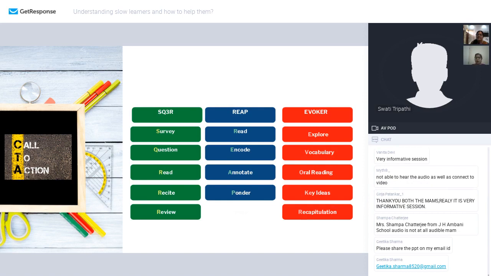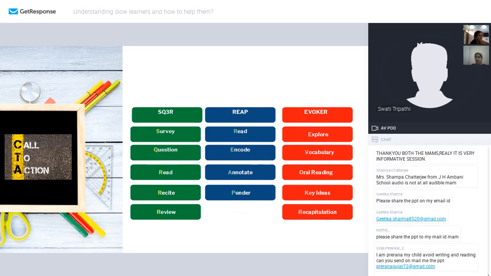And for oral reading, what you can do is, like, Ganesh festival is the famous festival which is celebrated there. You can give a picture of it and ask the child to read what he sees in that and what he understands in that.